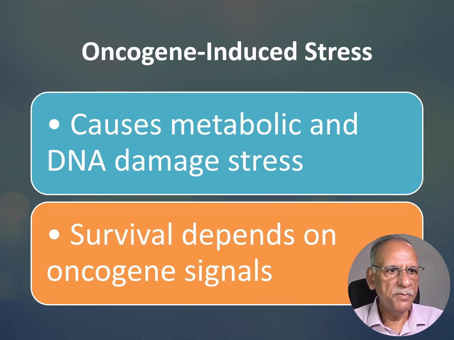So as I told you before, the oncogene-induced stress causes metabolic and DNA damage stress. So survival depends on signaling from that specific oncogene.